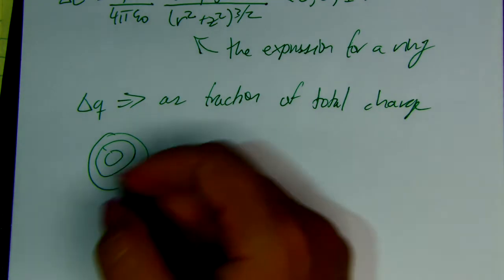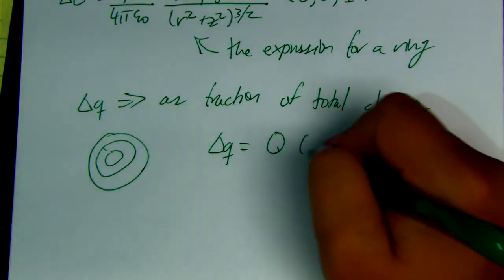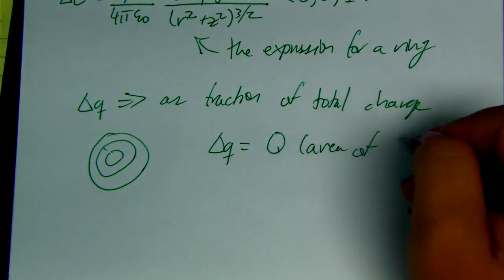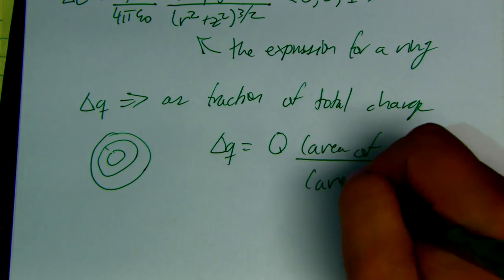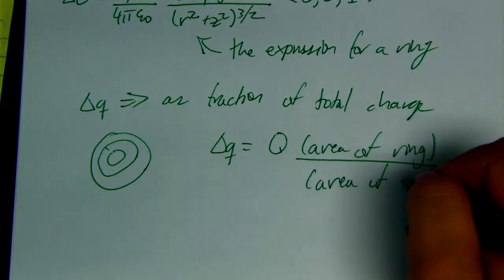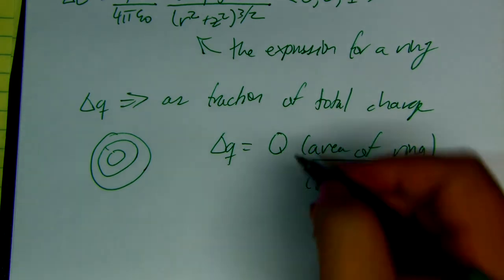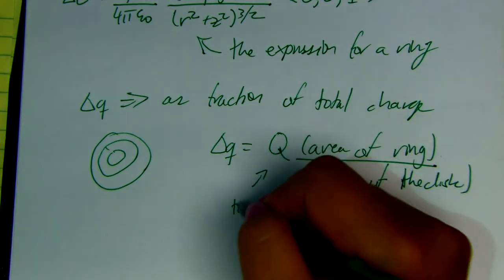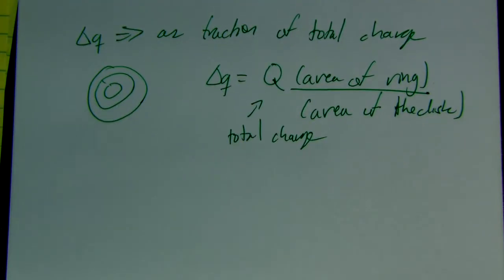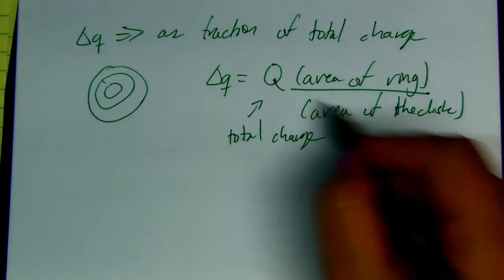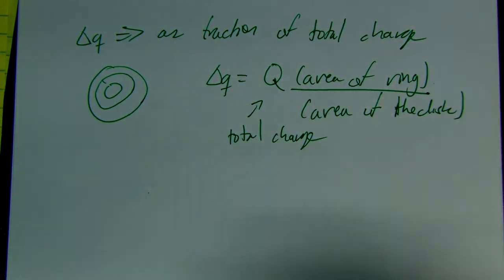Okay, so delta Q is equal to the total charge times the area of a ring divided by the area of the disk. Q is of course total charge. Okay, so let's get an expression for the area of the ring and the area of the total disk. We know how to do that.